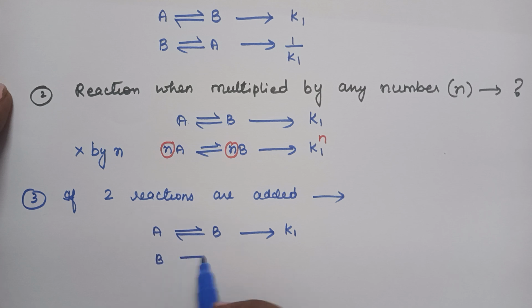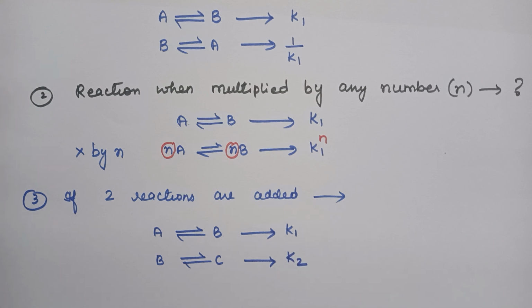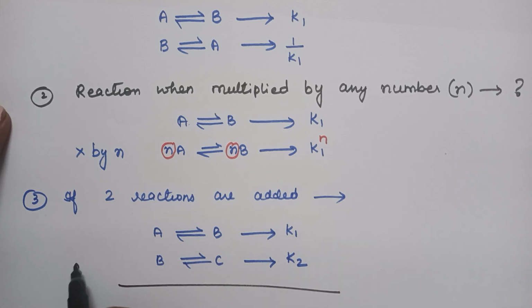Another reaction, B gives C. So for this, K2 is the equilibrium constant. So now we are going to add equation 1 and 2. So when you add, B and B will get cancelled. So you will get A giving C.